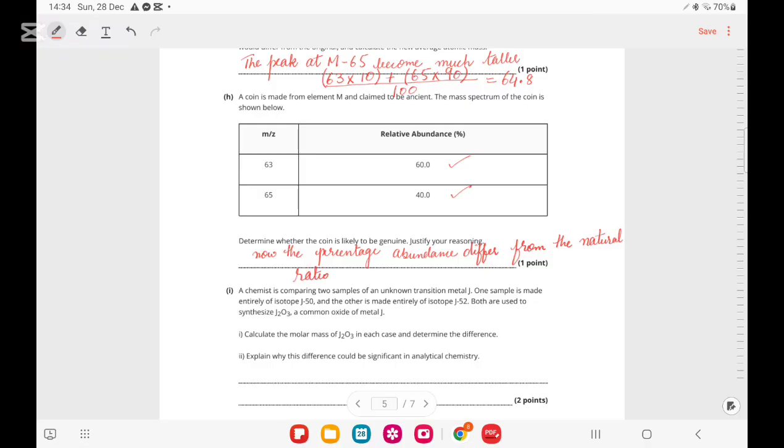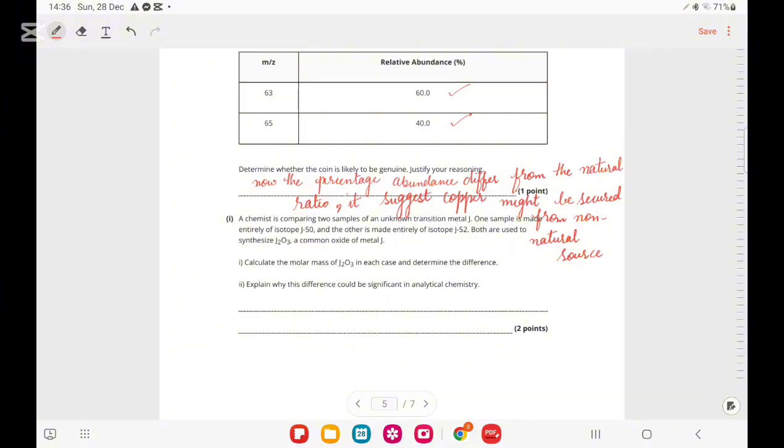So what will happen because of that? It suggests that the copper might be sourced from a non-natural source. That's why its percentage abundance actually varies.